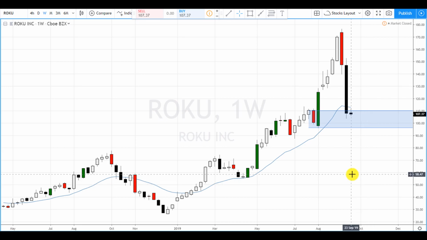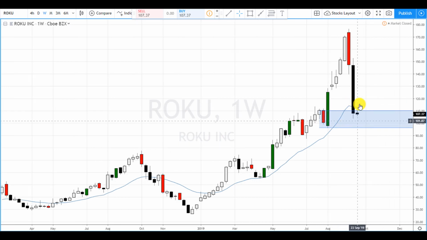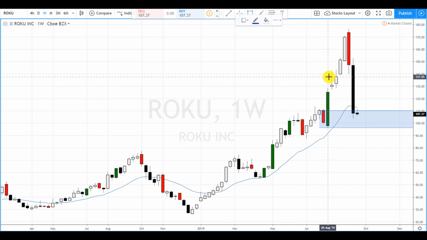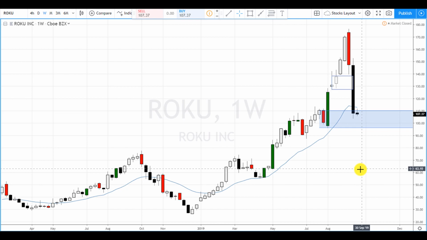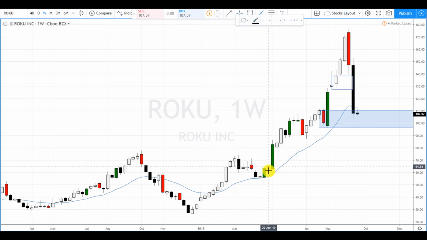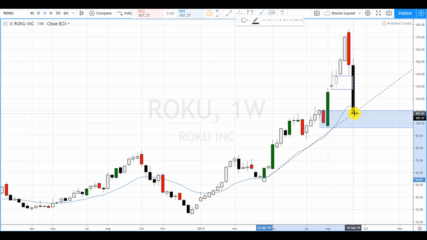The weekly, we have a downtrend because you can see this was a level of demand that broke. So this is a downtrend. You can draw the trend line like this.